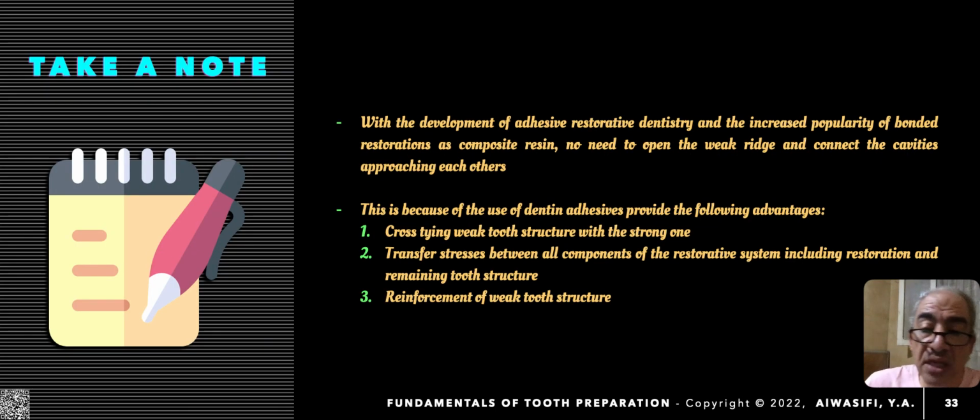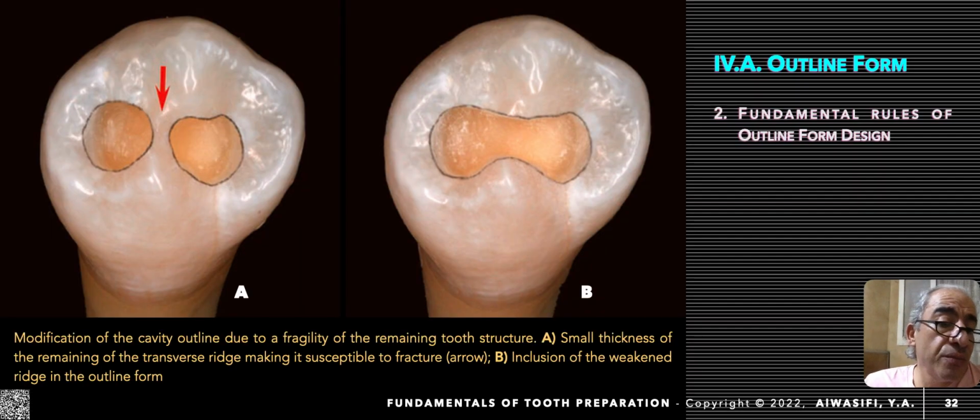But when you decide to use an adhesive restoration such as composite resin, and you will use an adhesive dentine bonding agent, you do not need to open this weak ridge or to connect these 2 cavities, because the advantage of using dentine adhesive is that it is an adhesive material that will connect the weak structure with the strong structure, that will connect this weak ridge with the other strong cusps and walls.